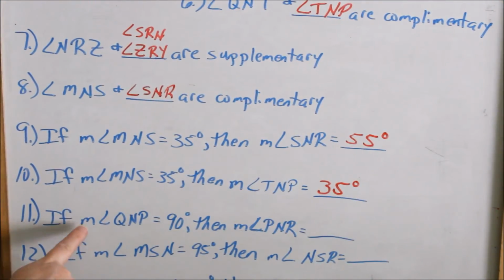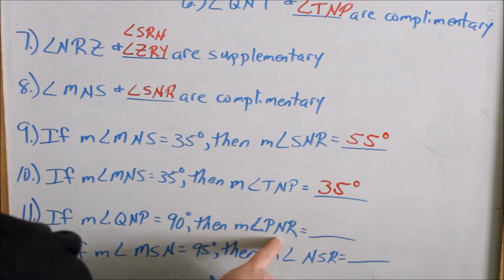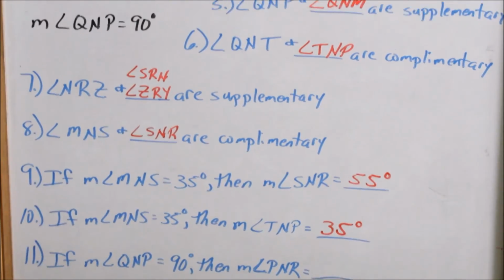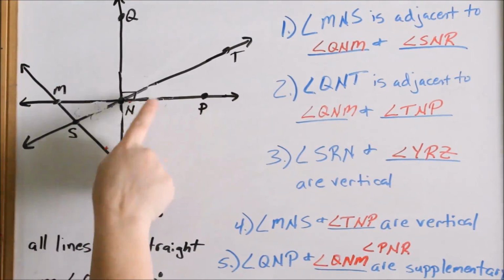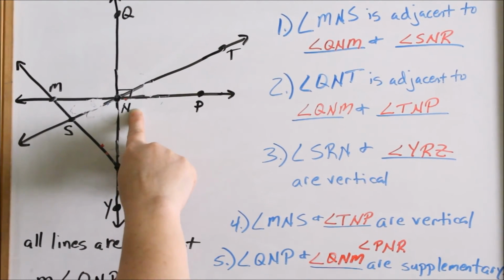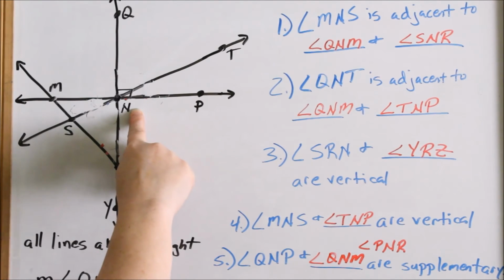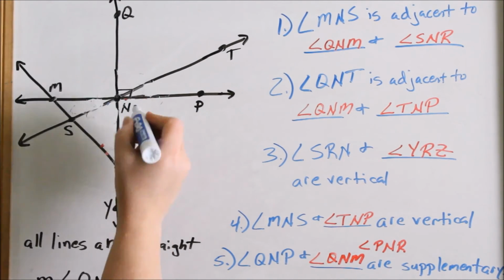Okay, now we're on number 11. If the measure of QNP is 90 degrees, then what is the measure of PNR? Alright, looking at the figure, QNP is the 90 degrees that we've already marked. The given told us that that was 90 degrees. So the question says, what is the measure of PNR?